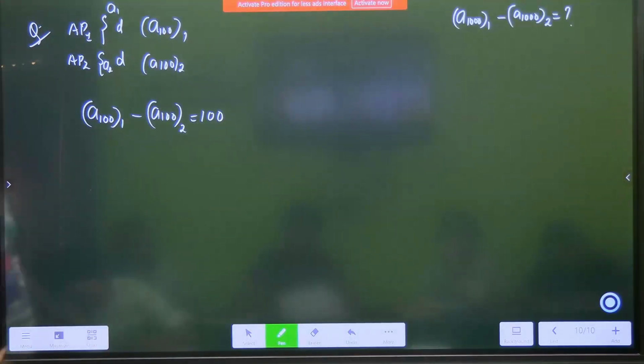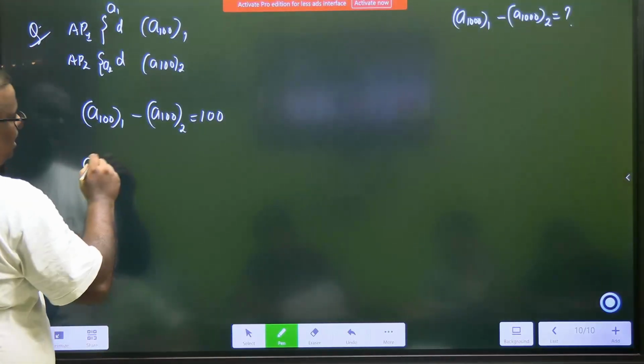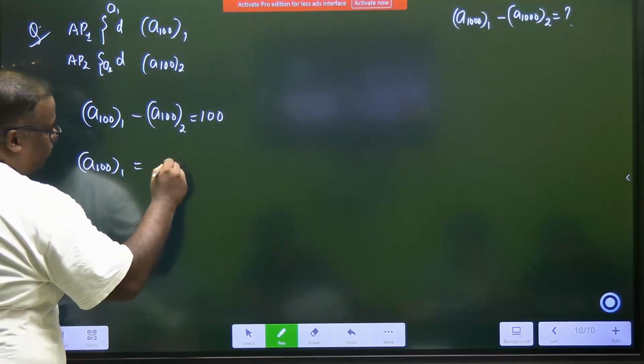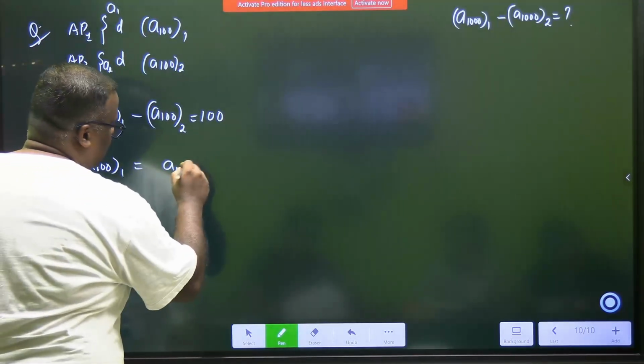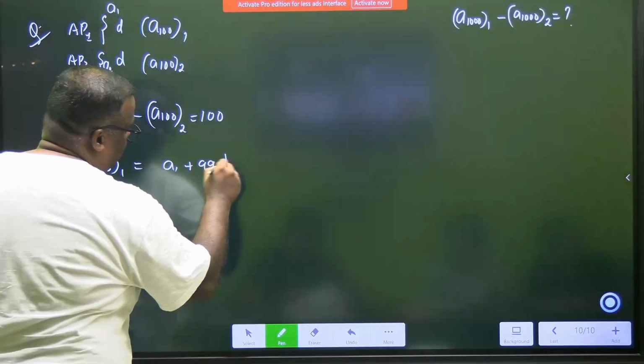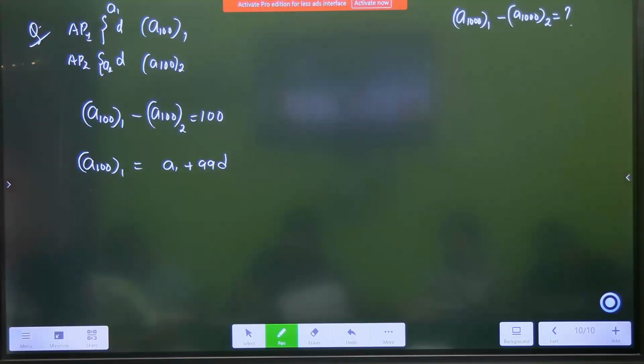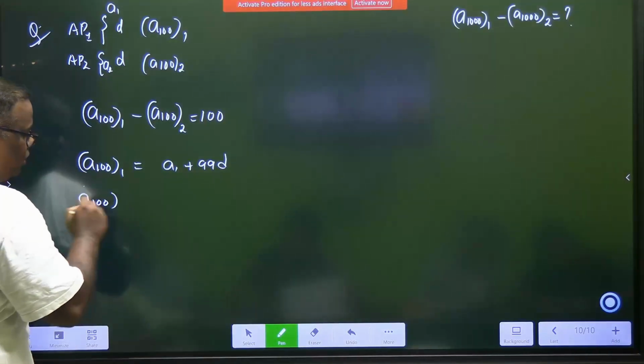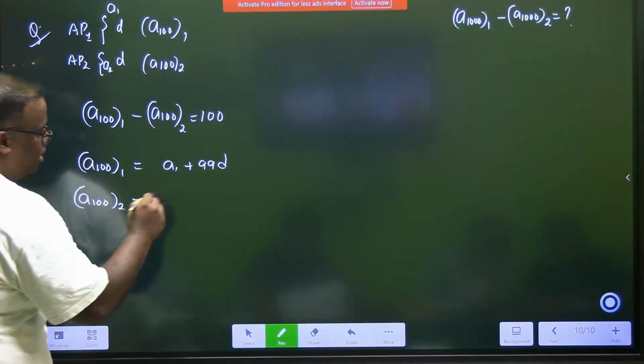Right? What is A100 of the first AP? First term plus 99 into D. Agreed? What is the 100th term of the second AP?